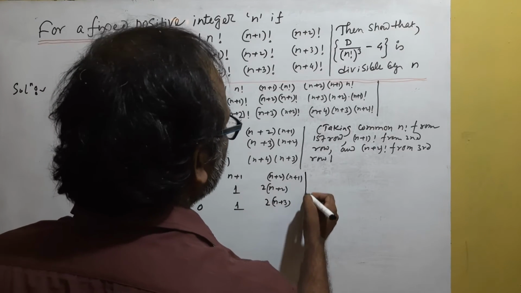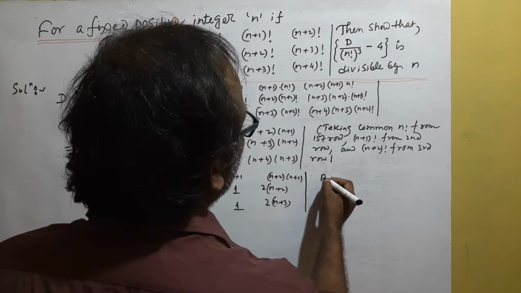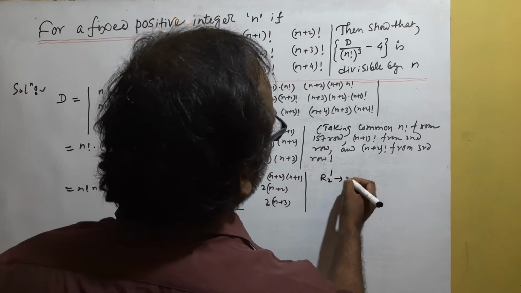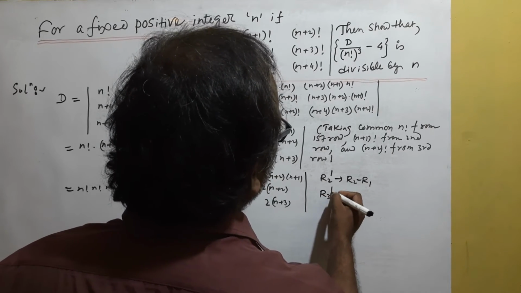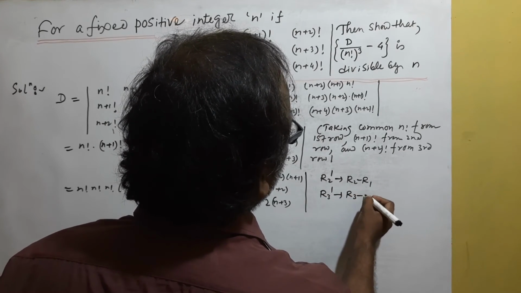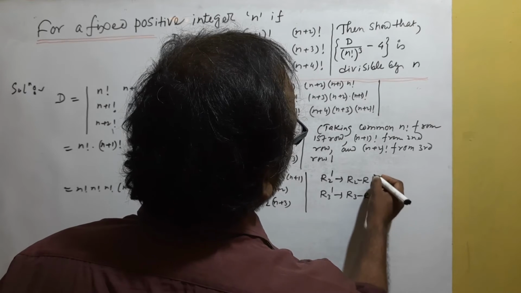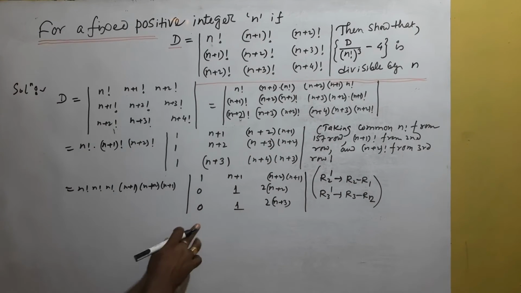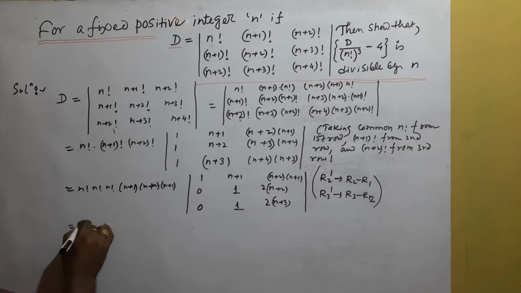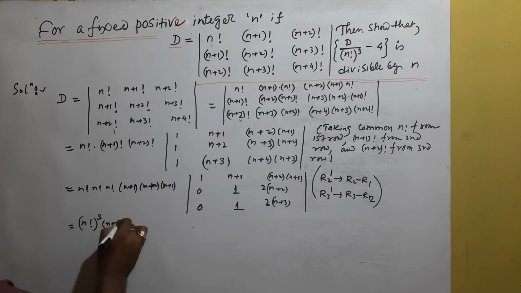Okay, so R2 dash is R2 minus R1, and R3 dash is R3 minus R2. Now expand. This is factorial n whole cube, n plus 2 and n plus 1.